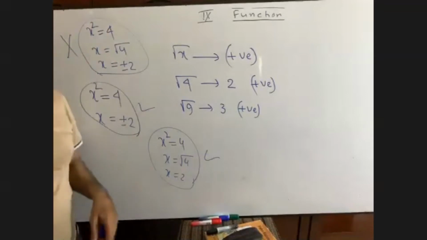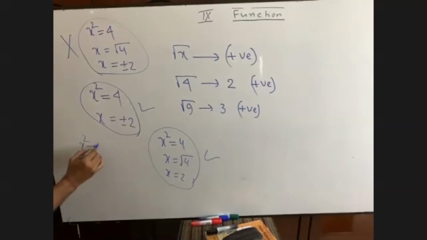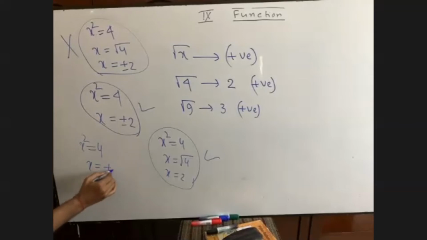Please see what I have written. Or we can write x square equals 4, x equals plus minus root 4, then x equals plus minus 2.